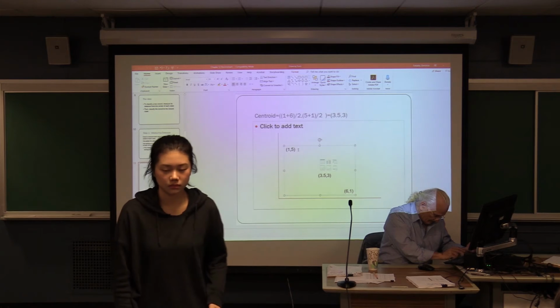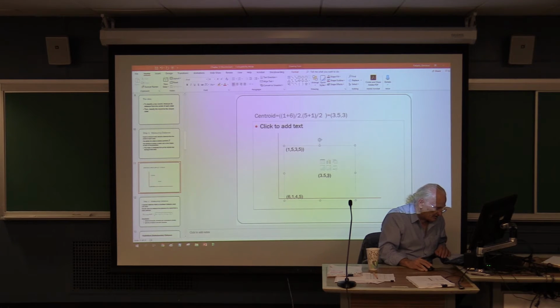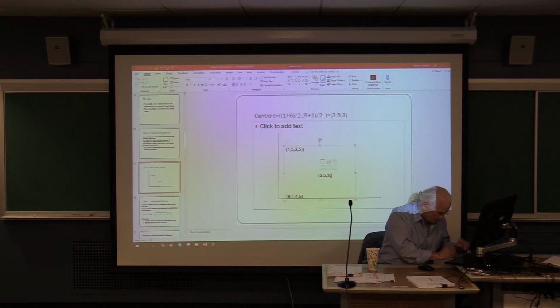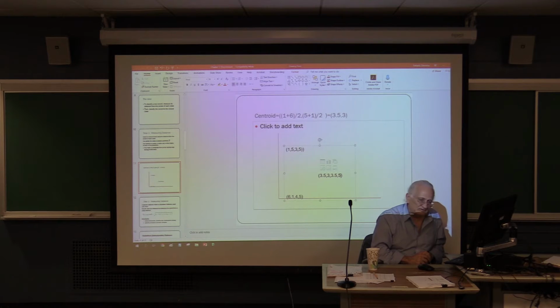If I had (1, 5, 3, 5) in 4-dimensional space, and this is (6, 1, 4, 5), then you find the average of the x coordinates, the average of y, the average of z. So the third one would be (3 plus 4) over 2, again 3.5. And the last one would be (5 plus 5) over 2, or 5. So you just add and divide by 2 the corresponding coordinates.